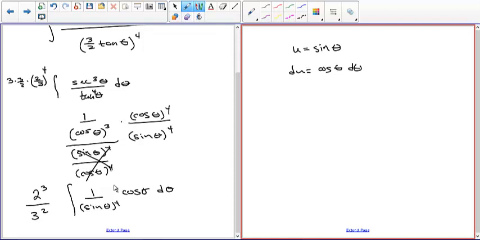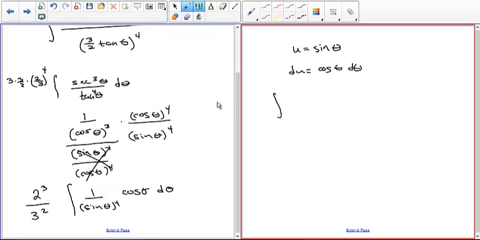We've just got a function and the derivative of the function. So it's just a straightforward u substitution problem at that point. So now we'll rewrite the integral in terms of u.